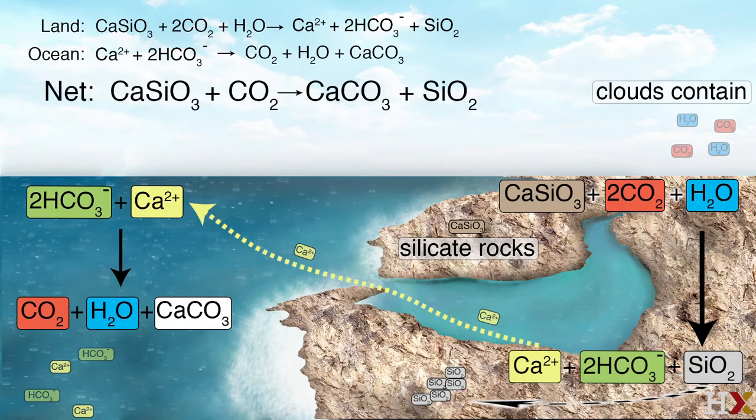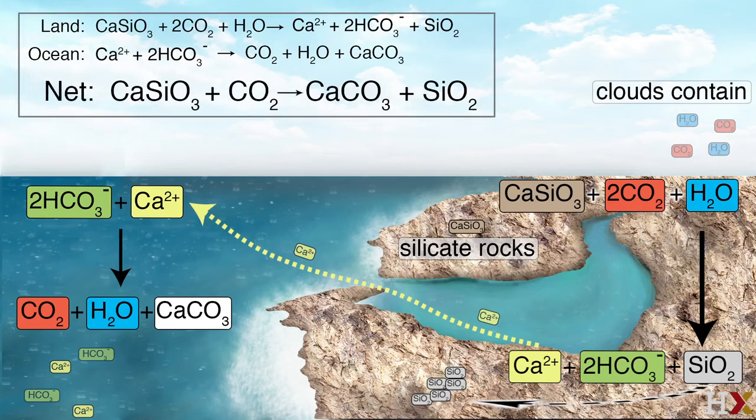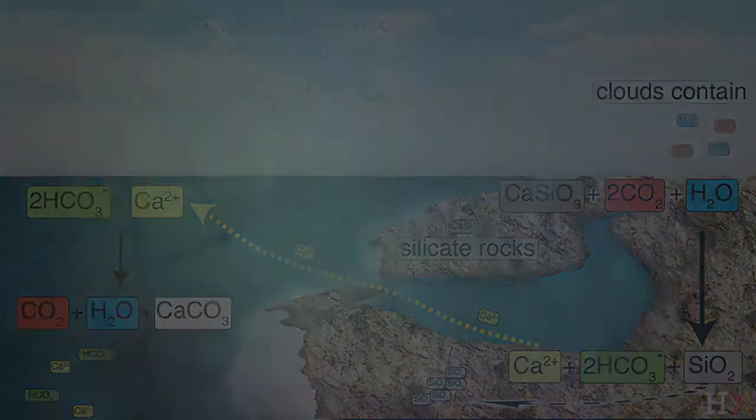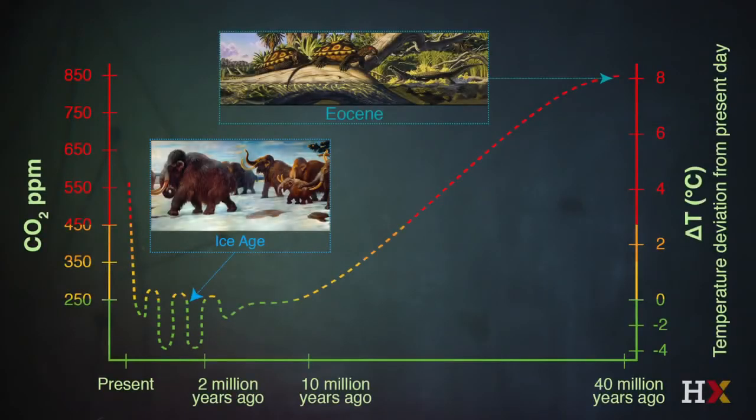And that calcium carbonate sinks to the bottom of the ocean, and that's what created the massive deposits of sandstone or limestone globally. And that's what drew inexorably the carbon dioxide out of the atmosphere over these tens of millions of years. And it drew the concentration down to about 200 to 250 parts per million.